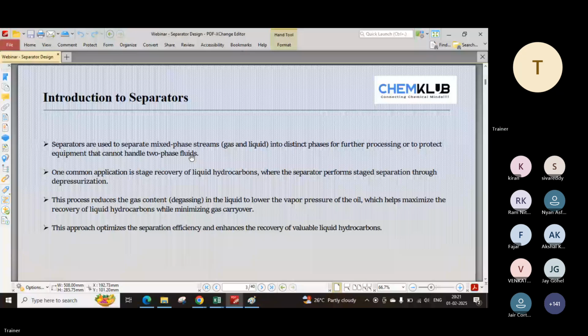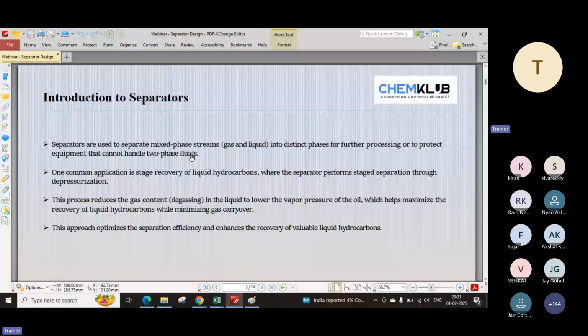However, the common application is to recover liquid hydrocarbons and to degasify, removing any trapped gas or trapped light liquid from the high density fluid, that is majorly water. That is in the case of a three-phase separator.